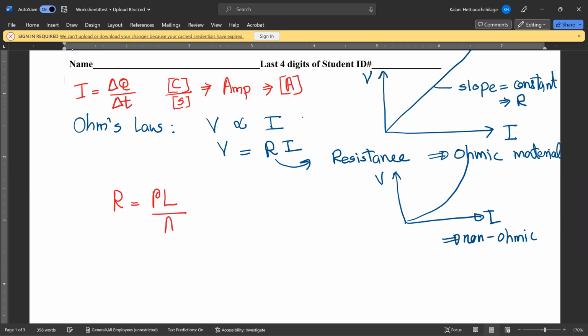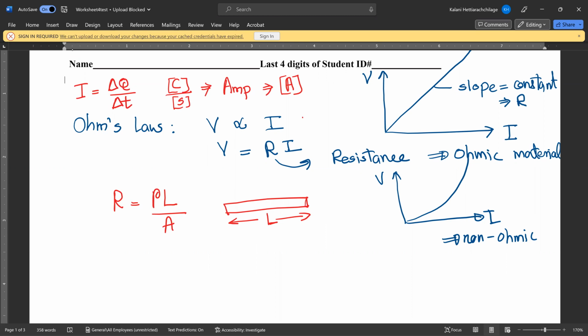What does this formula mean? If I have a cylindrical resistor with length L, that's what the manufacturer can change when they create a resistor. If you increase L, R is going to increase, because it is in your numerator, right?